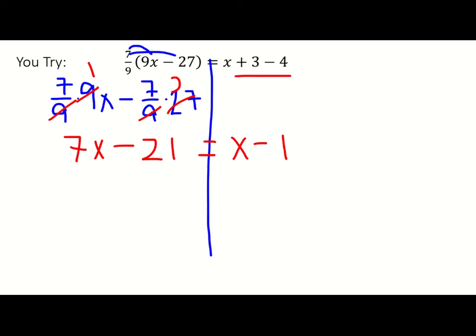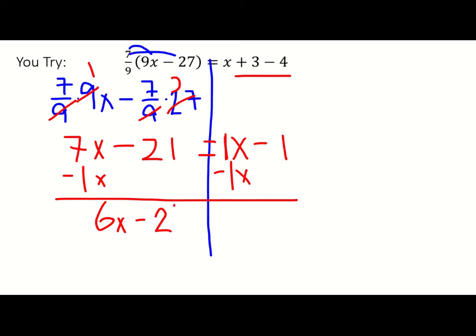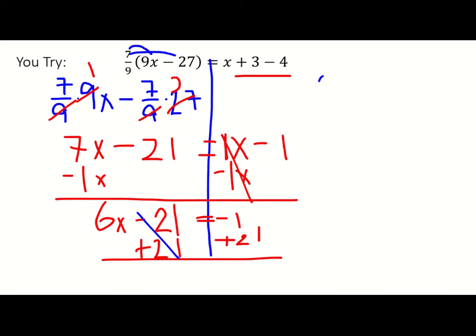From here, we're going to finish solving. I'm going to take my 1x and subtract it from both sides to get 6x minus 21 equals negative 1. And then I'm going to add 21 to both sides. So we're going to have here 6x equals negative 1 plus 21.